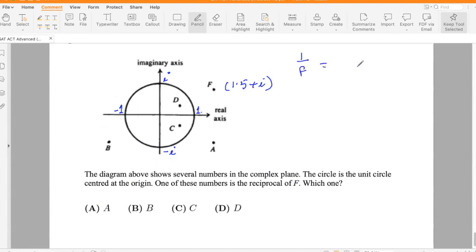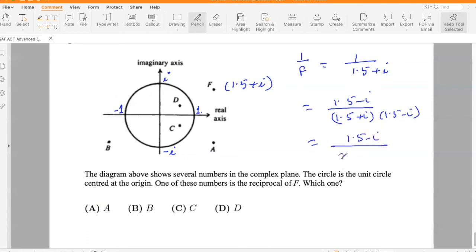So 1 by f will be 1 by 1.5 plus i, which is 1.5 minus i divided by 1.5 plus i times 1.5 minus i, right? So when we have to divide a complex number, we always take the conjugate of the denominator. So I get 1.5 minus i divided by 2.25 plus 1. So that's 1.5 minus i divided by 3.25.